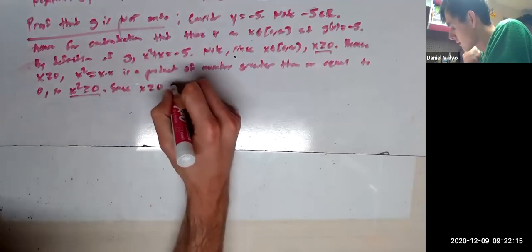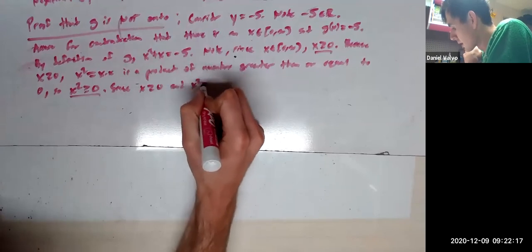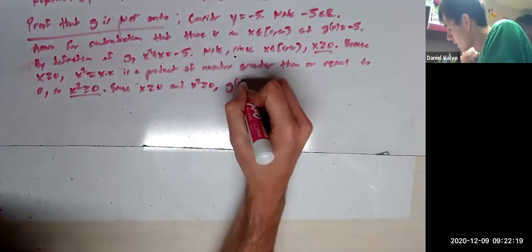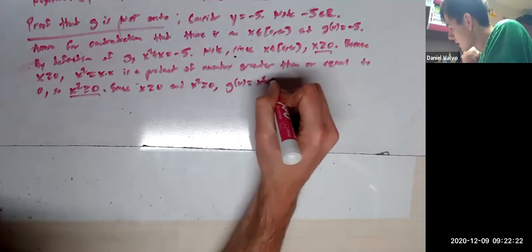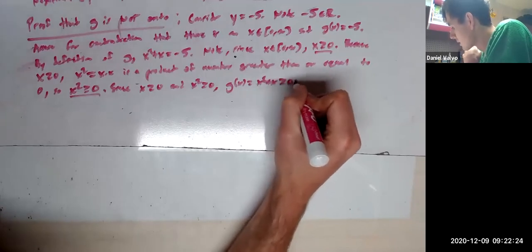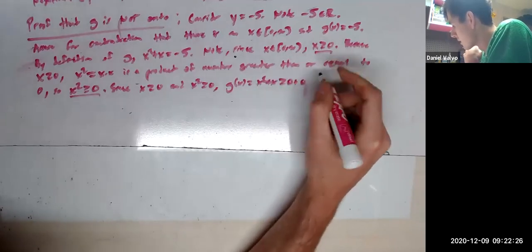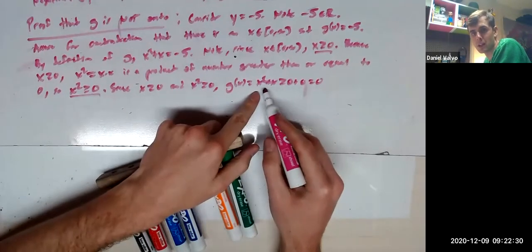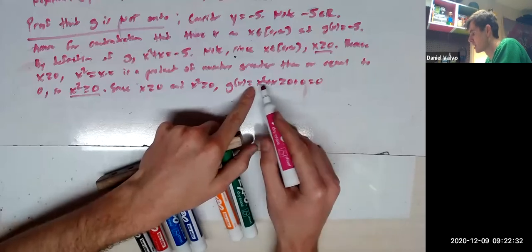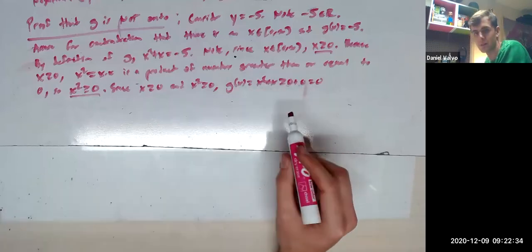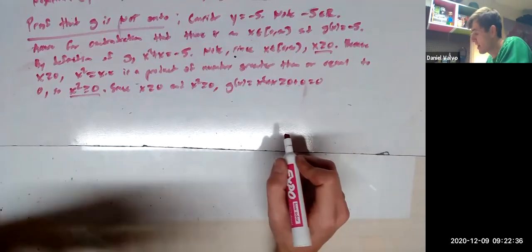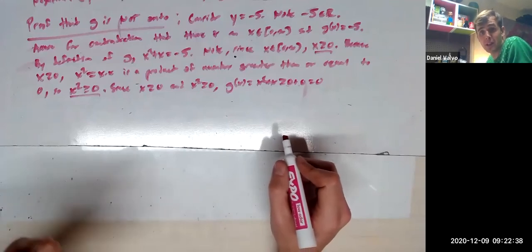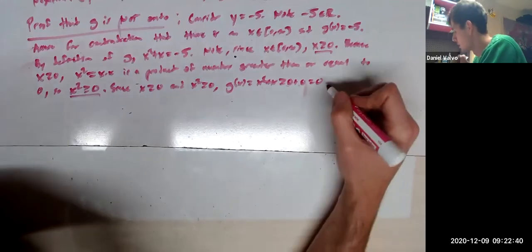Since x is greater than or equal to 0 and x squared is greater than or equal to 0, g of x, where g equals x squared plus x, is greater than or equal to 0 plus 0, which equals 0. If you have a sum of two things, each greater than or equal to 0, the sum works out. So g of x is non-negative.